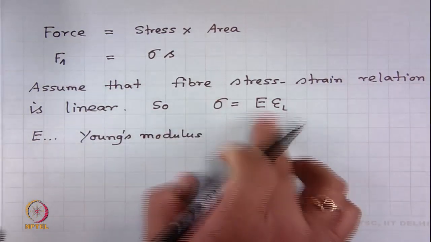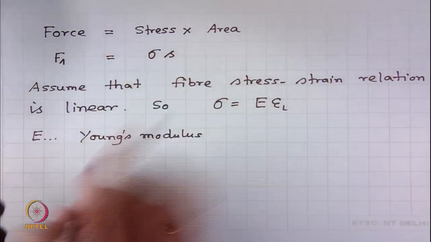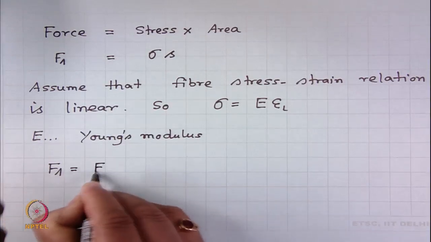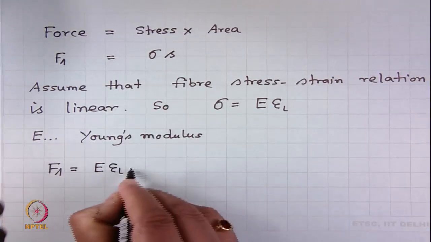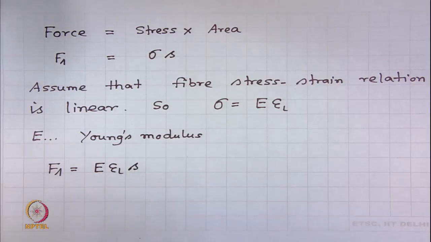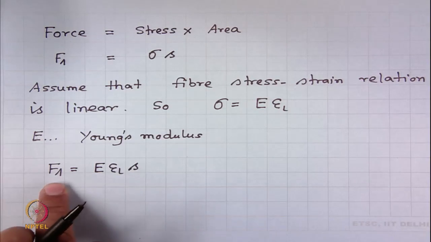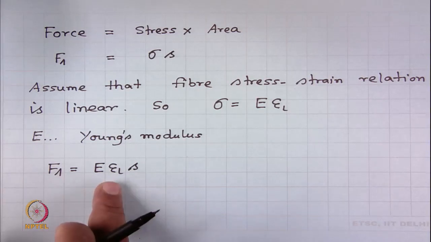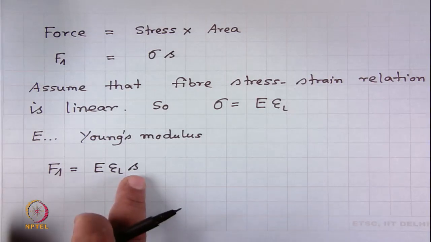So, if we substitute this relation here, what we obtain is F1 equal to E epsilon L into S. So, axial force on fiber is equal to initial modulus of fiber, axial strain on fiber and cross sectional area of fiber.